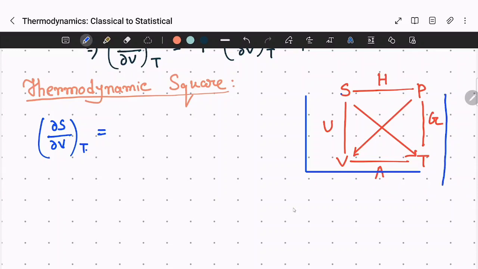Let me draw. It may be confusing the first time to listen, but it's easy to understand.